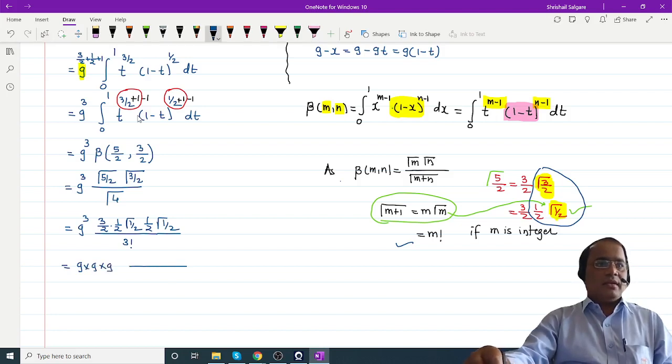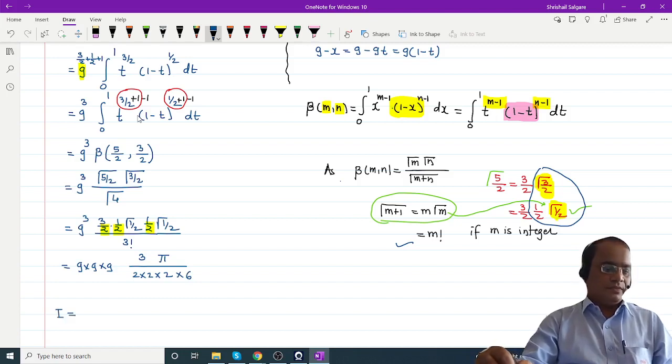Now next, I think the numerator is 3 only. 2 into 2 into 2. How many times is 2 there in the denominator? 1 time, 2 times, 3 times. And gamma 1 by 2 is root pi, and root pi will come as pi divided by 3 factorial. Am I right? 3 factorial is nothing but 6. So can anyone tell what it will come after simplification? 27 pi by 16.